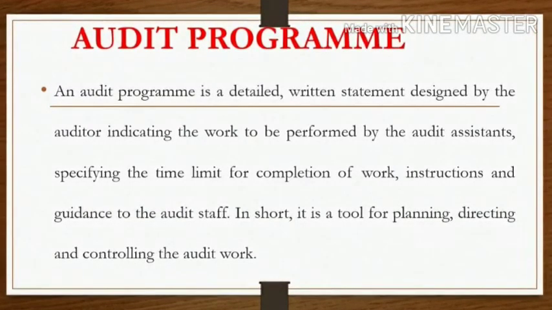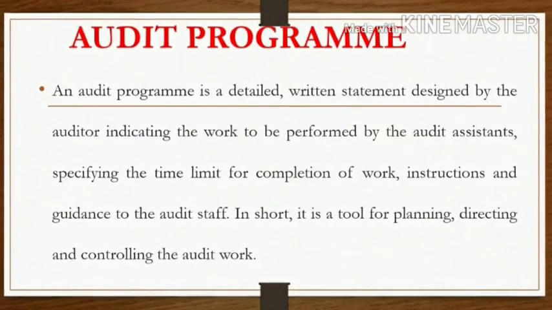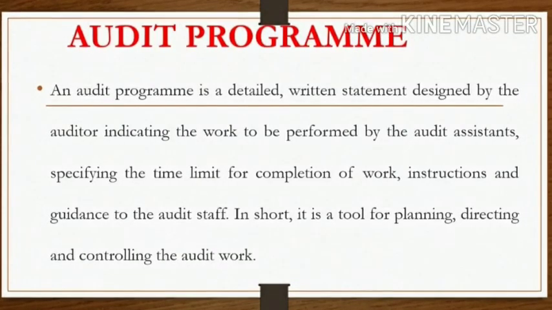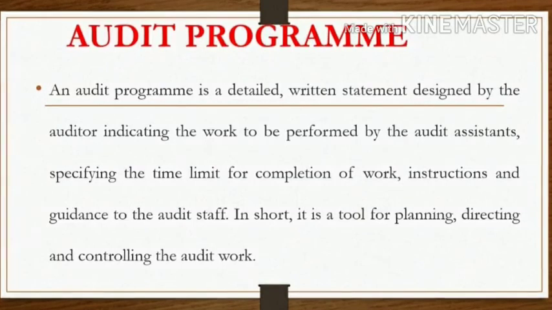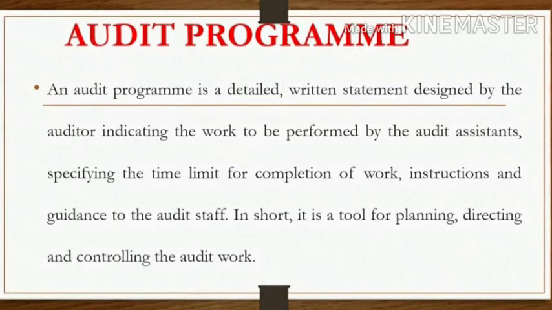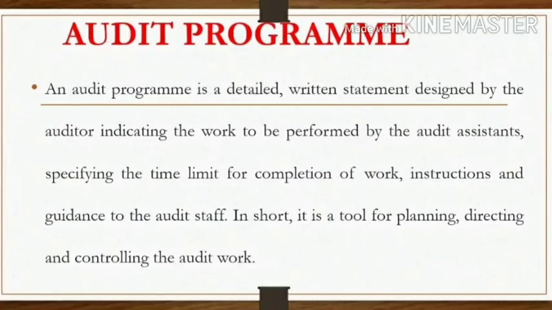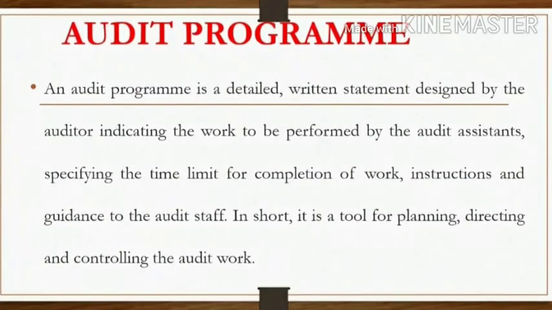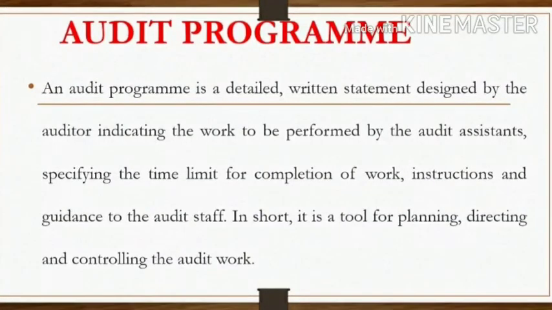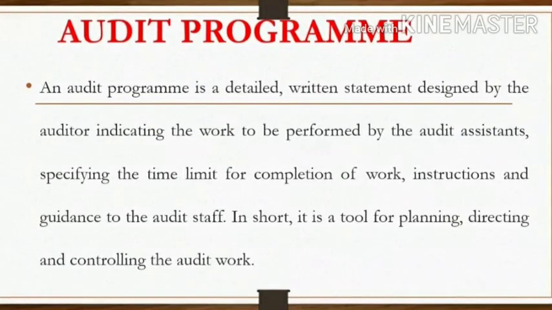There are two types of audit program. One is the fixed audit program, another is the flexible audit program. A fixed audit program includes general or standardized instructions for all audits. But the flexible one refers to an audit program designed for certain specific functional areas like purchases, stores, inventory controls, etc. What is the objective of it?